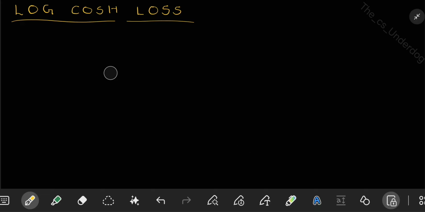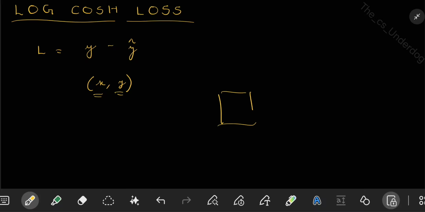First thing, what are we going to find out? It is a loss function. What is loss? Loss is the difference between the actual value, that is y, and the predicted value y cap. If you have any input x, y, where x is the input and y is the expected output, and you feed x into the model, your model will produce an output which is y cap.